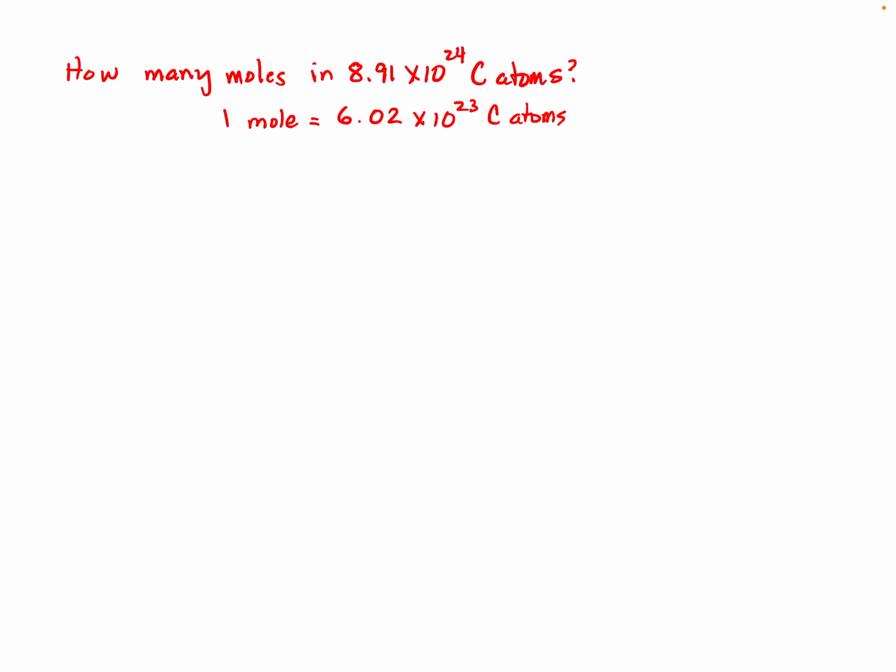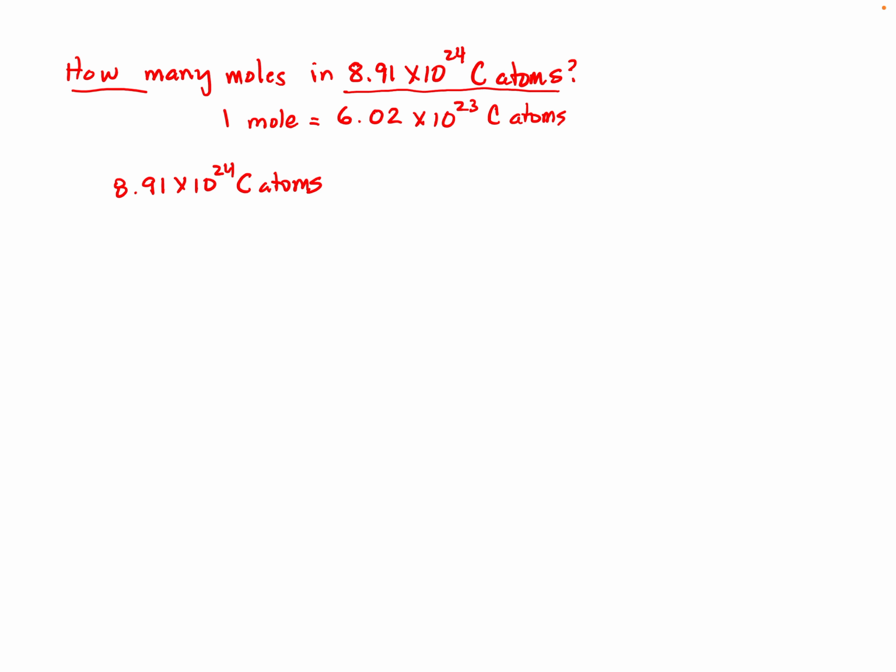All right, so what are we starting with this time? So we're starting with carbon atoms. Yep, so we'll list what we have. All right, and what do we want to find? Moles.